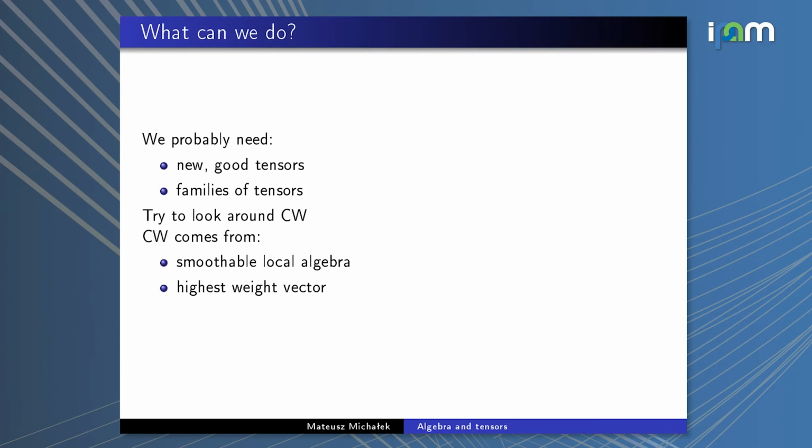And here come two properties that I don't expect are understandable at this point, but I would like just to say them and then go into details. Namely, the Coppersmith-Winograd tensor comes from a smoothable local algebra and is a highest weight vector.